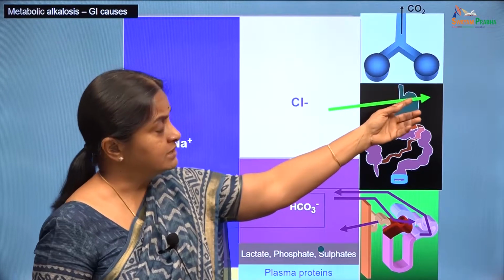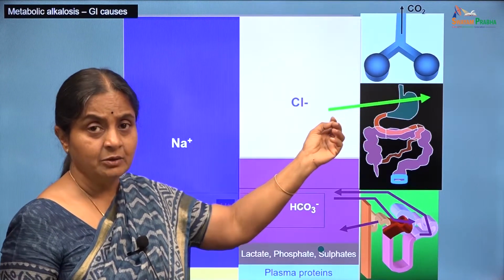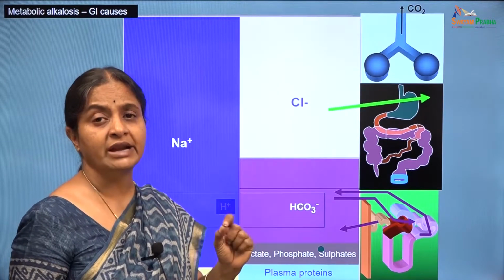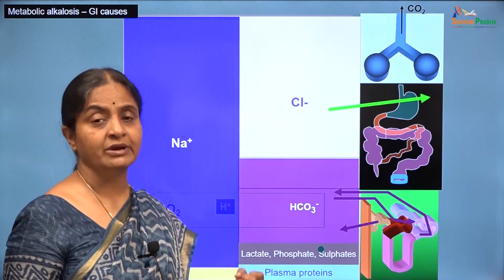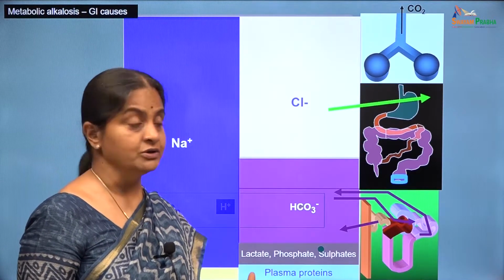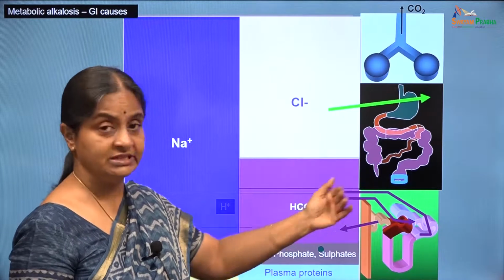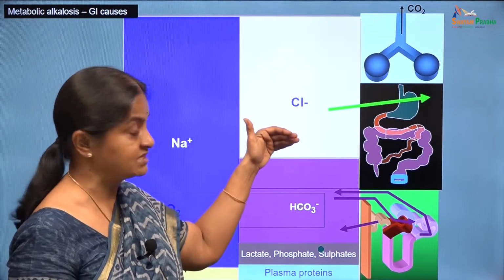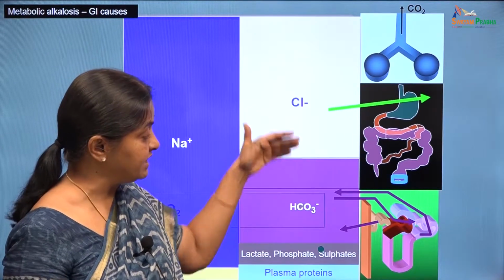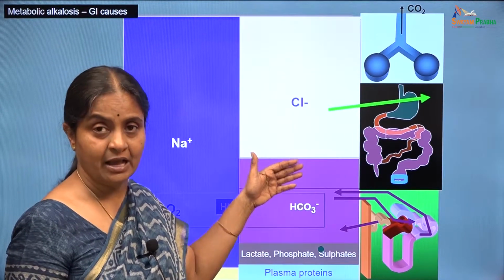Not just vomiting, there's another rare state where chlorides can be lost in the stools, what's called chloride diarrhea, a condition where chloride reabsorption in the intestine is not as good, and therefore chlorides are lost in the stools. That's another condition where chloride levels can decrease. That is the primary mechanism, and that will lead to a compensatory increase in bicarbonate.